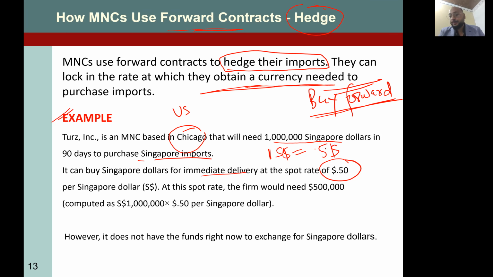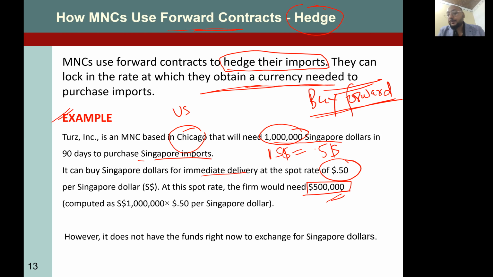All right. At this spot rate, the firm needs to pay $500,000. The firm needs to buy 1 million Singaporean dollars at $500,000. What does it mean?